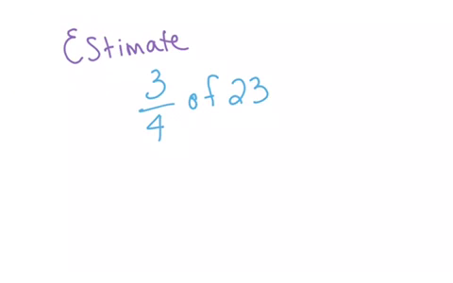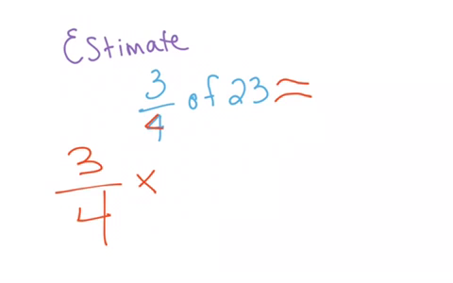Same thing here, 3/4 of 23. Again, we're estimating here, our wavy symbol. So 3/4 of, or times, what number does 4 go into that's close to 23? We could go 20 or we could go 24.